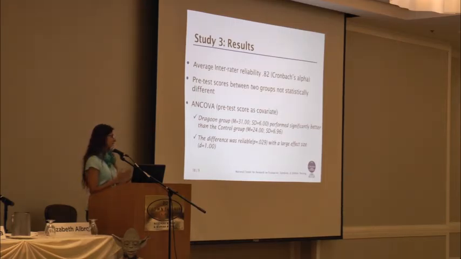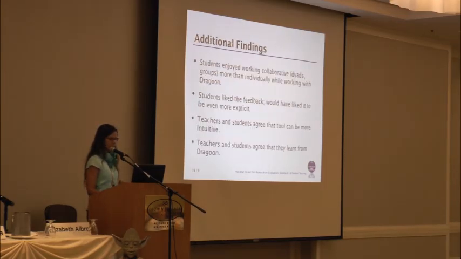In study 3, the pretest scores were not different, which was a good thing, although we did find a difference in a motivational variable. We asked students how important it is for them to do well on this test, and we found a difference on the pretest there, but we controlled for that again in an ANCOVA, and we also obtained significant results here with an effect size of 1.